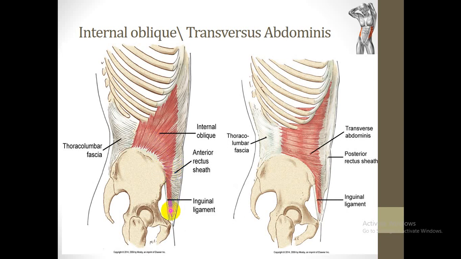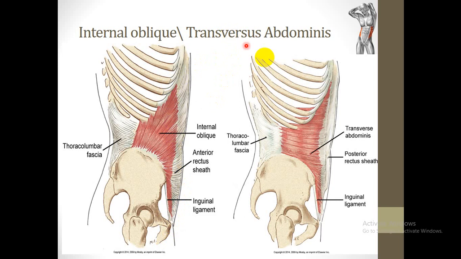Also, it takes origin from the lateral two-thirds of the inguinal ligament and the pubic symphysis, in addition to the pectineal line. It is inserted into the linea alba, pubic symphysis, and pectineal line.